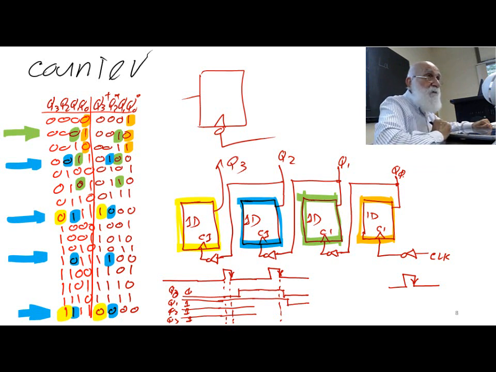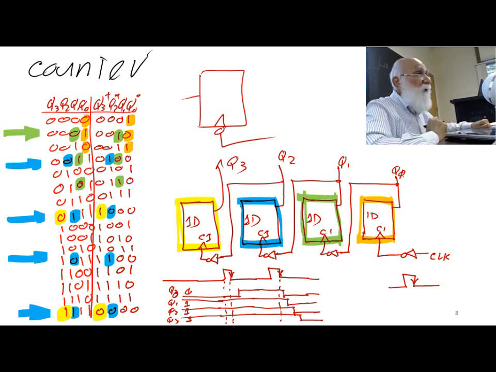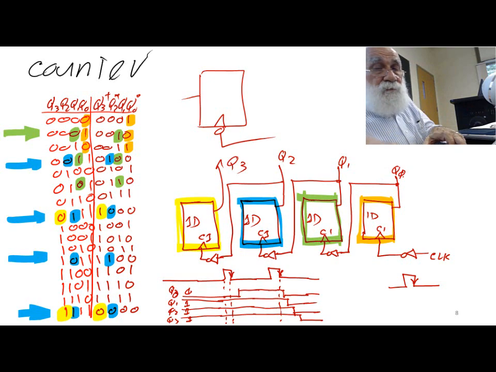The next one doesn't change until Q1 completely changes to 0. See the delays I'm drawing here. The next one has to wait for Q2 to change, and therefore that doesn't change until Q2 changes to 0. And what's the problem here?